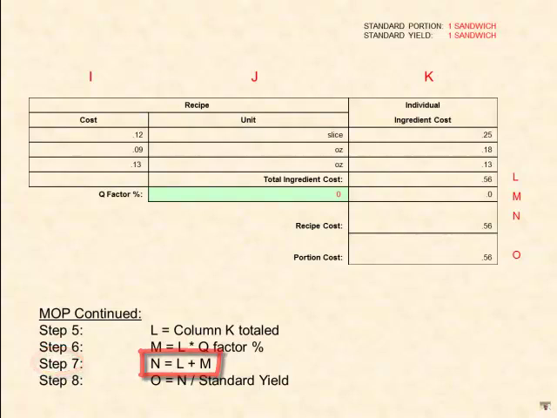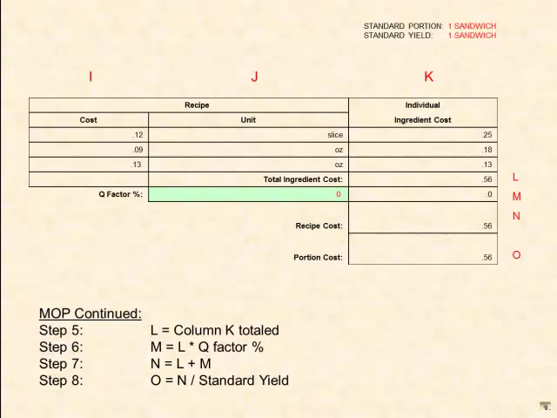Okay? Then you need to find out how much it costs for a portion, because this recipe cost is the amount for everything in that recipe, that batch. Maybe you're making a cookie dough, and the batch may cost you $20 to make, but how much does it cost for one cookie? You need to take that batch amount and divide by the number of portions, or the standard yield.